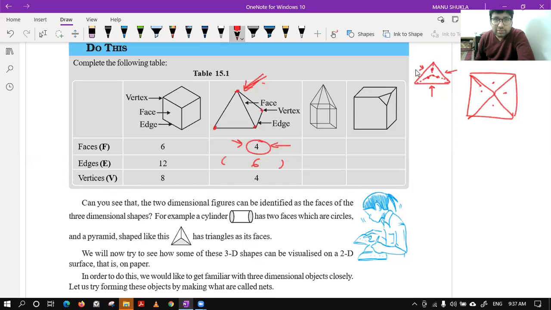Okay. Now tell me class, in this figure, how many faces are there? Please tell how many faces are there in this given figure. Okay, it is there in the book also. Okay, some are saying 9, some are saying 8. Please confirm. Let's see the top one: 1, 2, 3, 4, 5, 6, 7, 8, and 9.